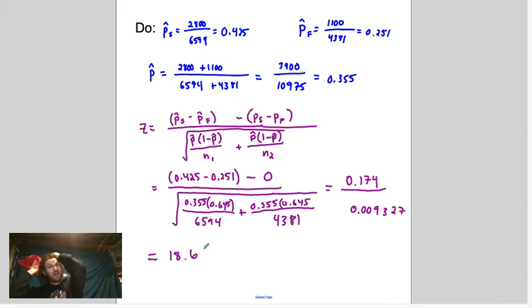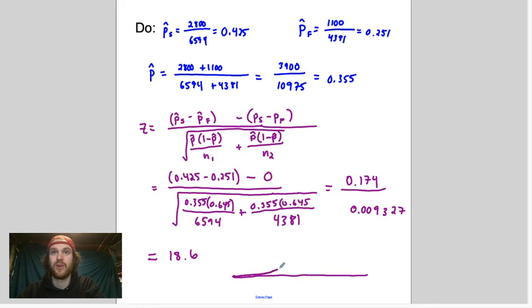How do we interpret this value? Basically, how rare is it, assuming these two countries have the same value and we have sample sizes of 6,594 and 4,381, to get a difference this big? You're probably thinking the difference is very large, and it's so rare, you're about to see.